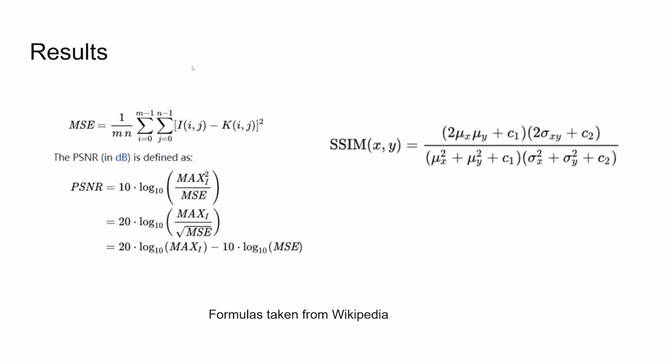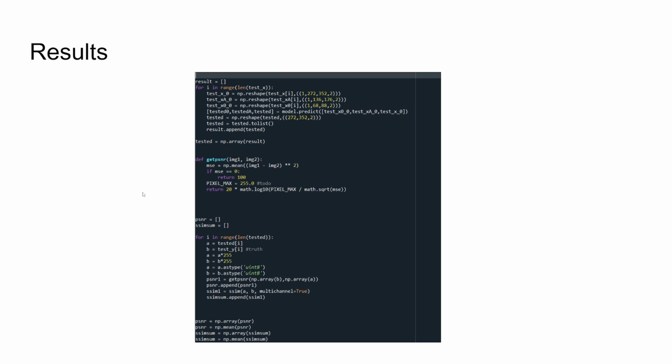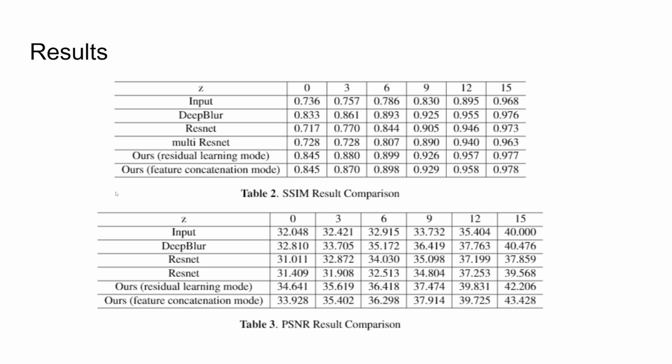The way I compare the results between different models is by calculating the PSNR and SSIM values, comparing the output image and the ground truth. These are the formulas, and this is the algorithm I use to calculate the PSNR and SSIM values. And here's the result comparing my model with ResNet and some other existing models.